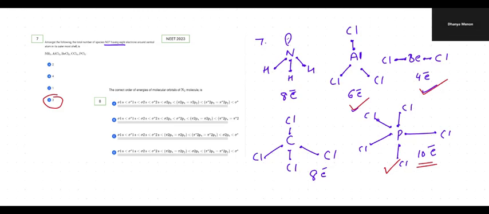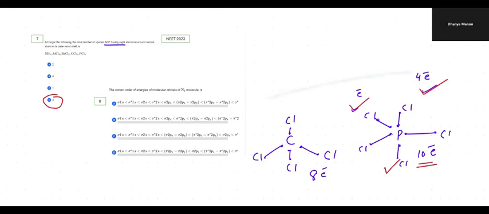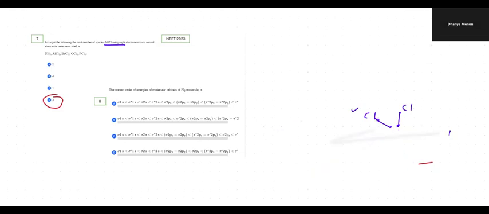Now coming to the next question. Question number 8. Okay, the correct order of energies of molecular orbitals of nitrogen. Nitrogen means 14 electrons.